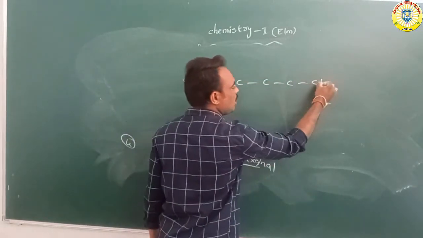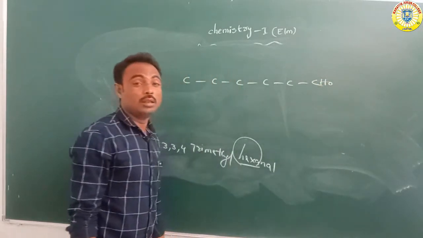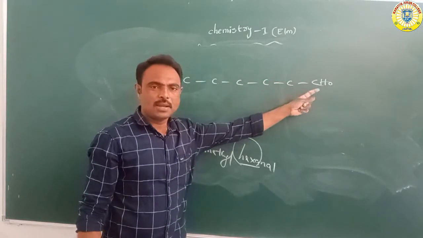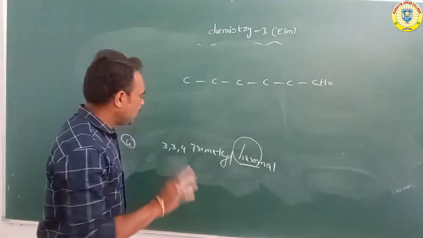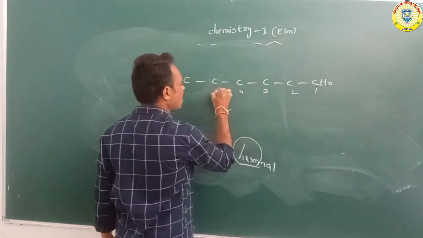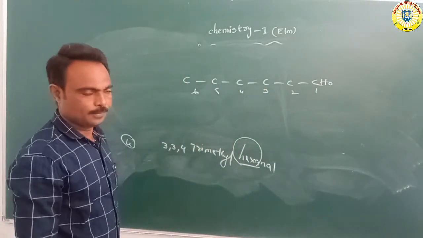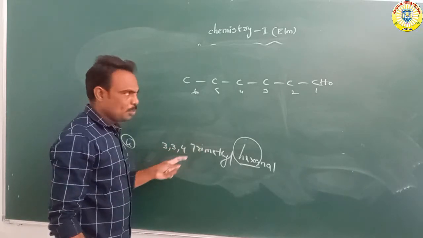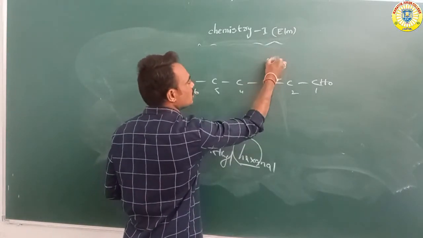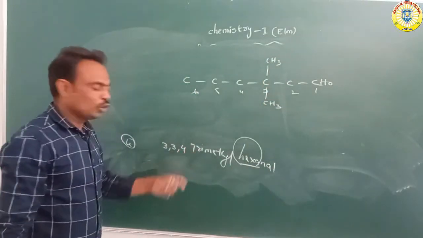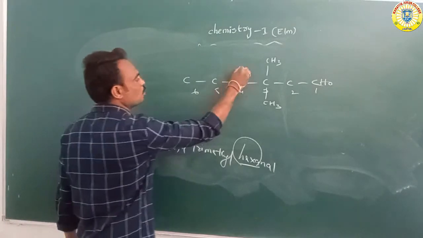Hexanol, last CHO, all CHO. So 1, 2, 3, 4, 5, 6 carbons, all aldehyde. Next, we use the numbers 1, 2, 3, 4, 5, 6 from the functional group side. The third carbon is attached with 2 methyls, CH3, CH3. Next, the fourth carbon is also attached with 1 methyl group, CH3.